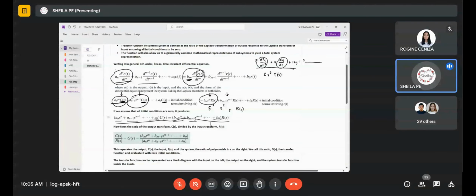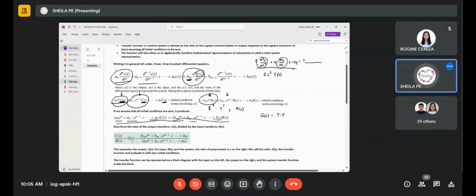Now, to get C of s over R of s, you just need to take the ratio. Our C of s over R of s is G of s, which is common in some textbooks. G of s is the denotation for our transfer function.